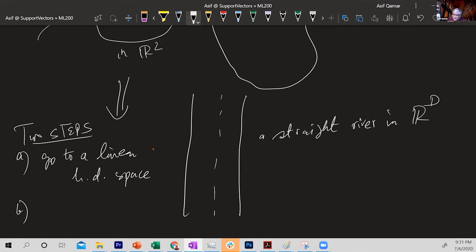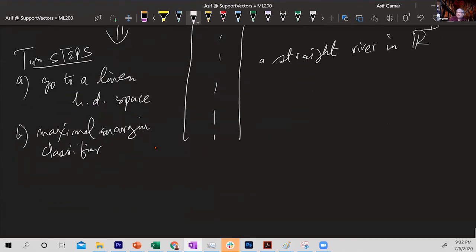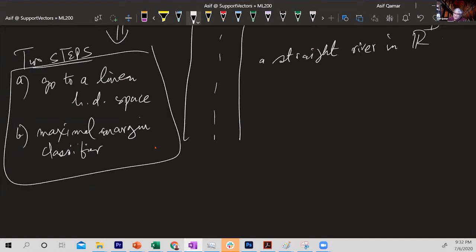B, then bring back your maximal margin classifier. These two together are essentially the gist of the algorithm, support vector machines.